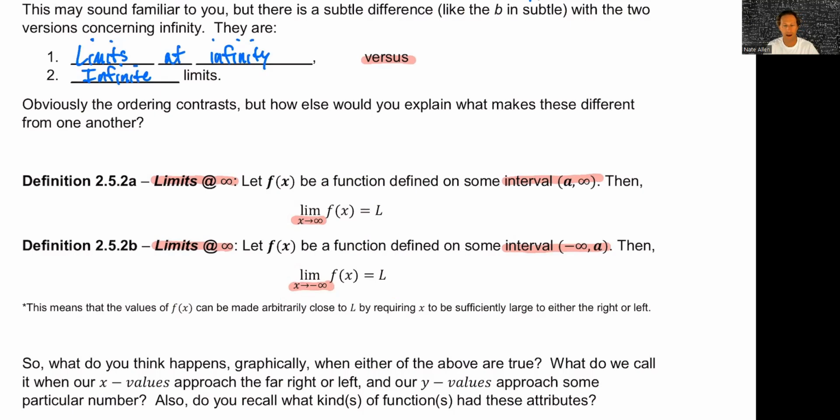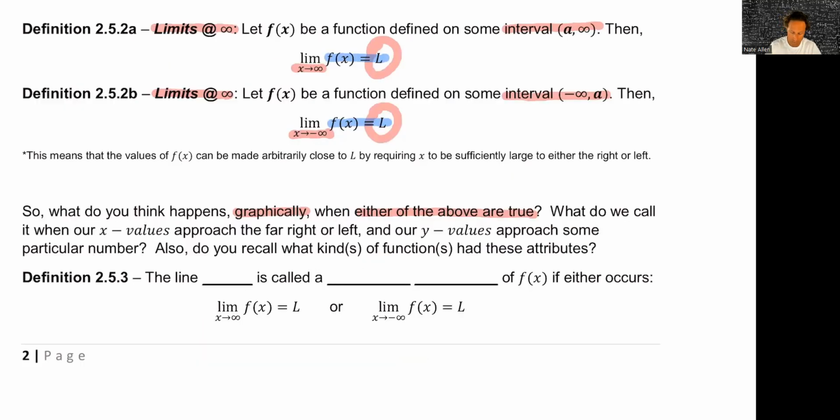What would we have graphically if either of those things are true, where our y value approaches some number when we go to the far right or the far left? Did you come up with it? It would be a line where our y is equal to that L. They're already stating that, and it's called a horizontal asymptote.